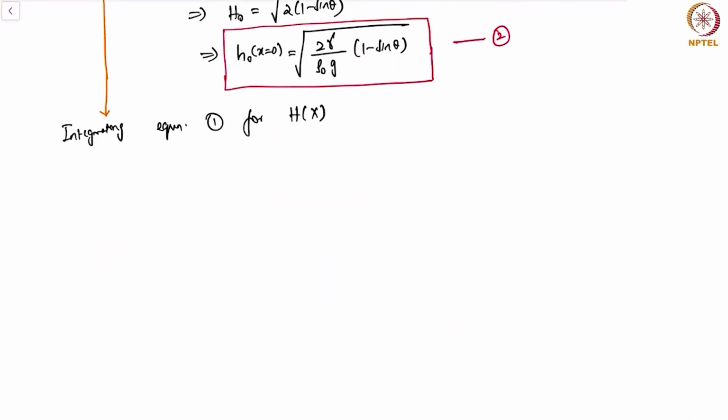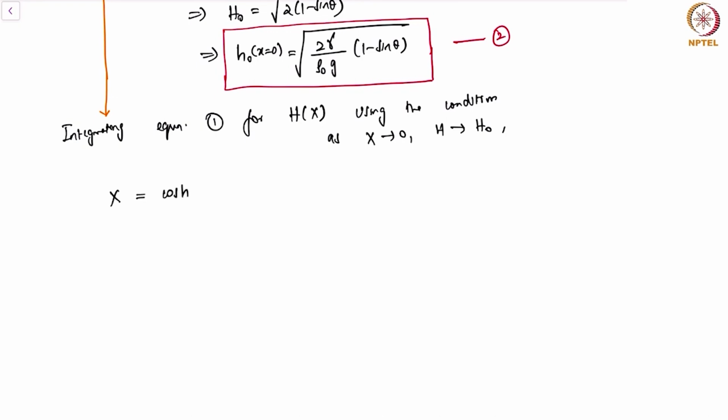What is the other condition? Using the condition as x goes to 0, h goes to h naught. This is a little tricky, so I will not spend time trying to derive this integration.